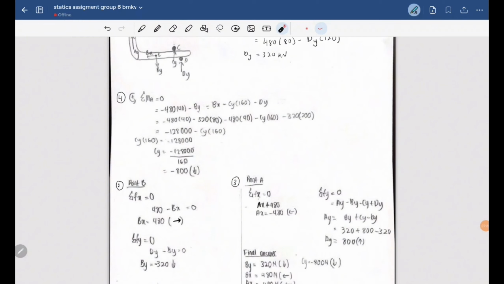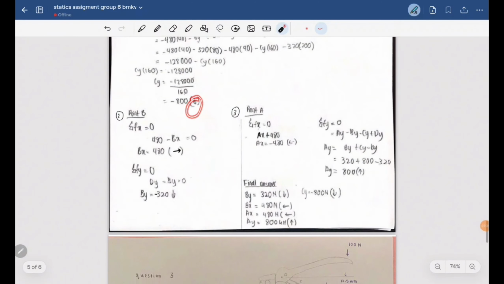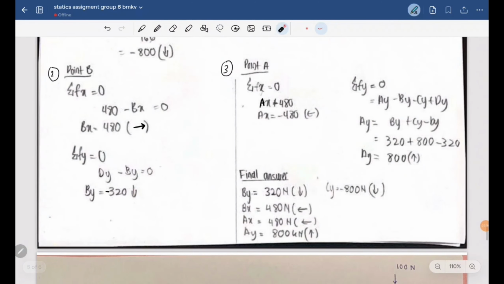So we got cy equal to negative 800 downwards. For the final answer, we got by equal to 320 Newton downwards, bx 480 Newton to the left, ax 480 Newton to the left also, and ay 800 upwards, and cy, we got negative 800 downwards.